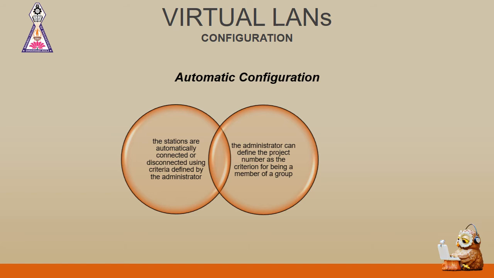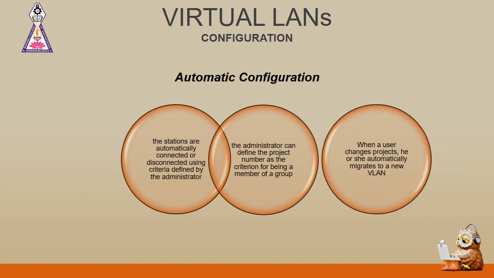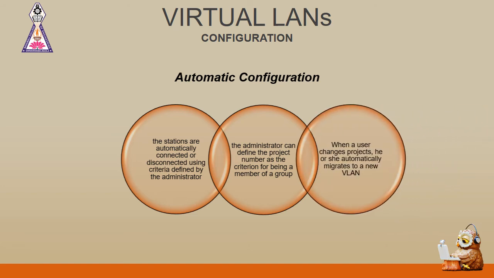For example, an administrator may create a criteria in terms of the project number for a member of any particular group. So whenever a user changes a project, all he or she has to do is he gets migrated from one project to another.